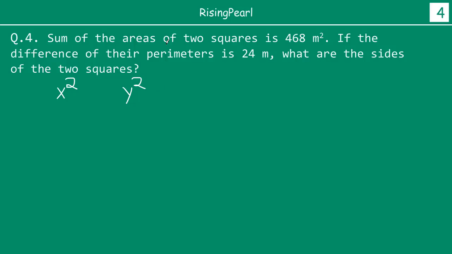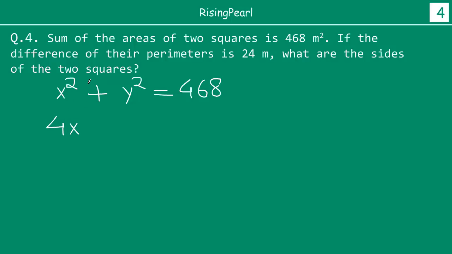The sum of the areas of the two squares, if you add them, that is area of first square plus area of second square, you get 468, right? Now the difference of the perimeters: the perimeter of the first square will be 4x.